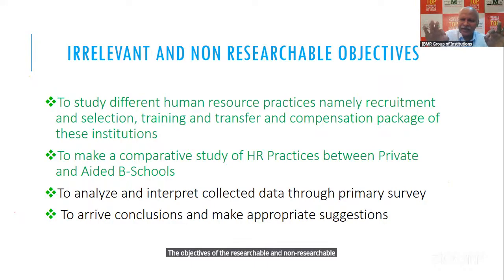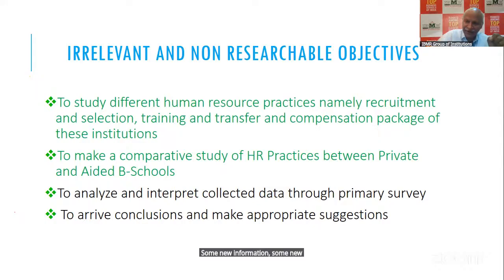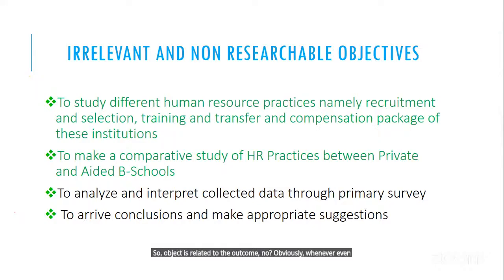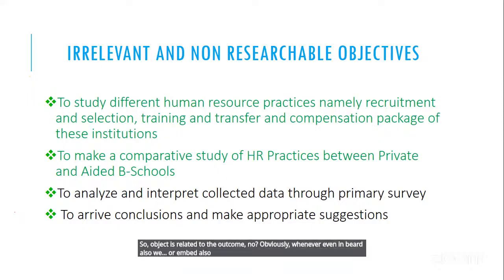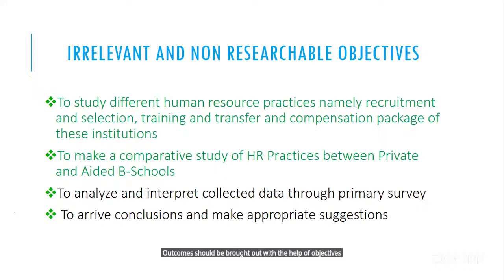Yeah, fine. A researchable objective aims to bring some research outcome, some new information, some new knowledge, findings. So the objective is related to the outcome, no? Whenever, even in B.Ed or M.Ed, we are told the same thing. Outcomes should be brought out with the help of objectives. Good.